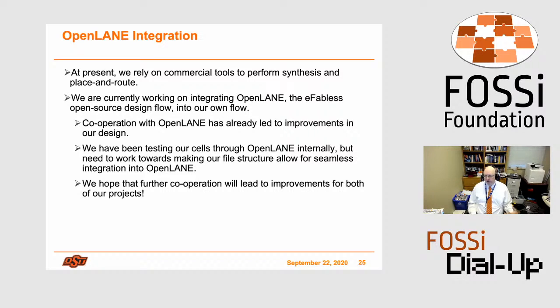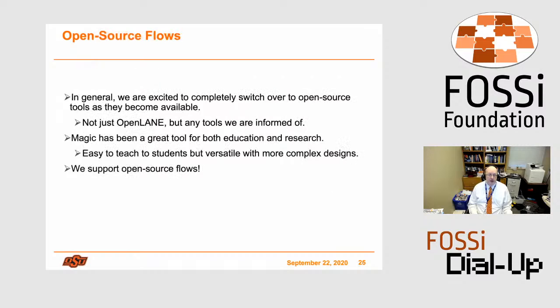And we've been testing ourselves through OpenLANE, and we hope to have further cooperation, which leads us to these open source types of tools that allow anyone to do full RTL to GDS. So again, it's an open source type of flow. We're excited to really completely switch over to open source tools as they become available, not just OpenLANE, but any tool that we're informed of.